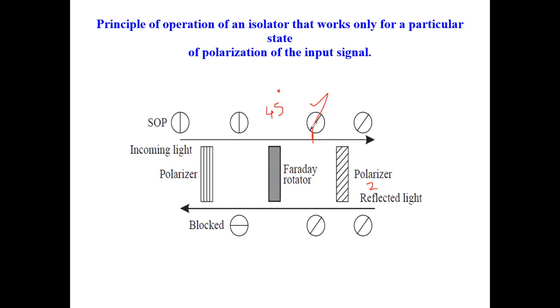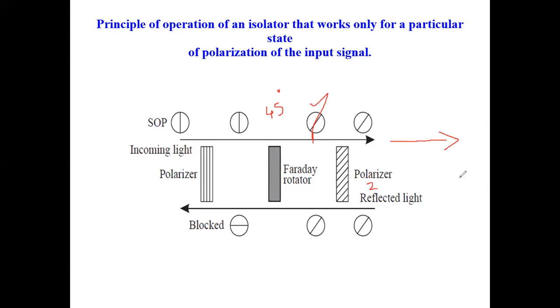Whichever signal has a 45-degree inclination will be allowed to pass through it. So this signal comes out as it is. Here, I had vertically polarized light, which passed through the polarizer. Faraday's rotator gave an inclination of 45 degrees, so the state of polarization is now 45 degrees. It passes through the second polarizer, which has a state of polarization of 45 degrees, and the light comes out. So this light continues its journey ahead.